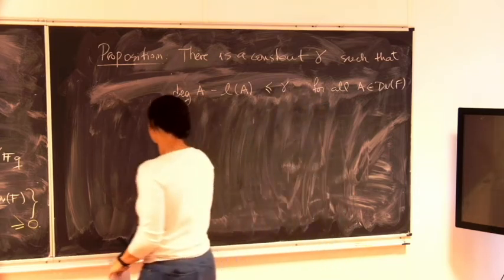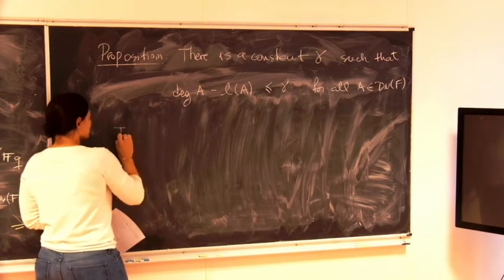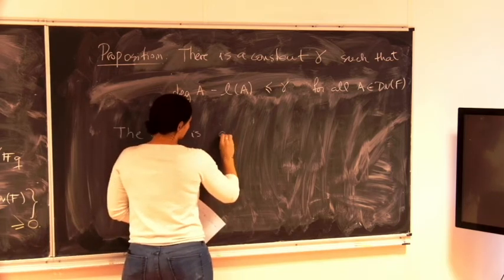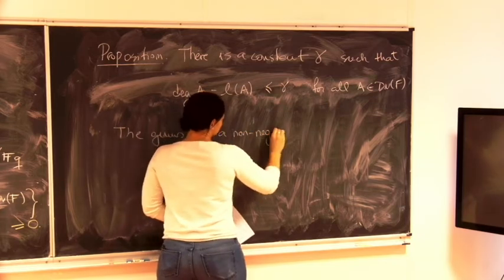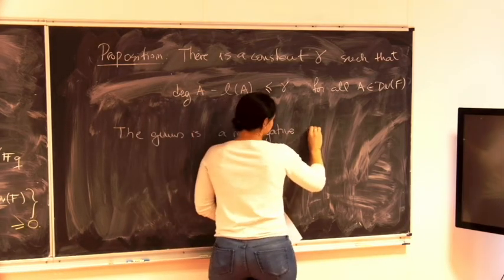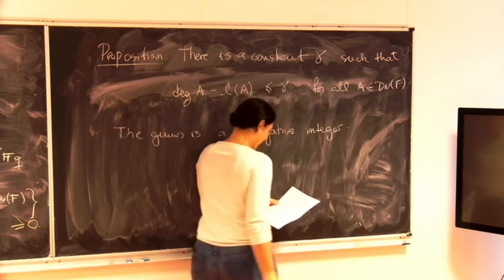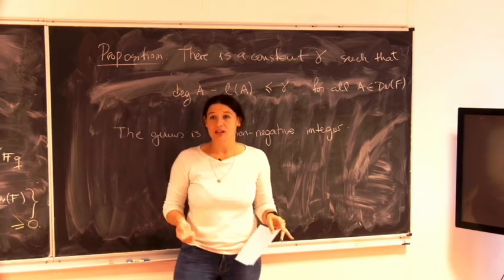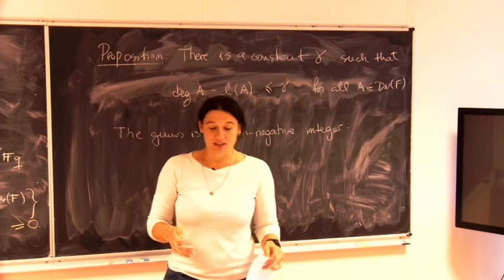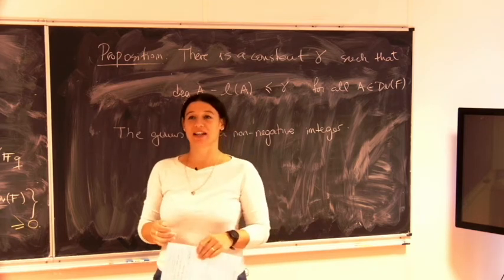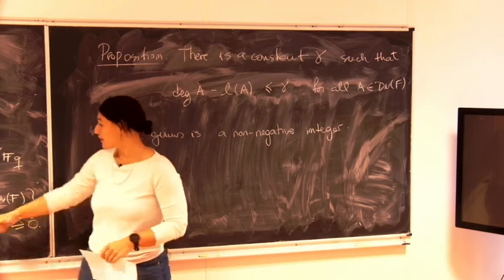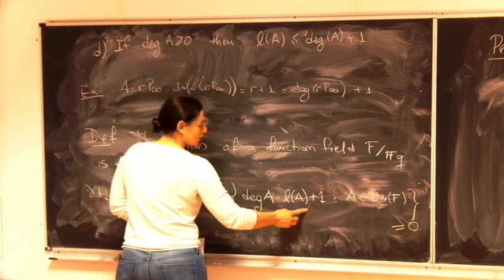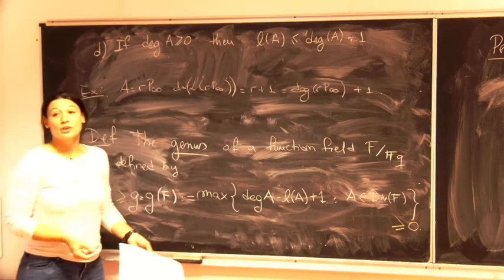Well, now I'll put this, but it's obvious. The genus is always a non-negative integer. And so we have two important results that say something about the dimension of a divisor in terms of the genus.